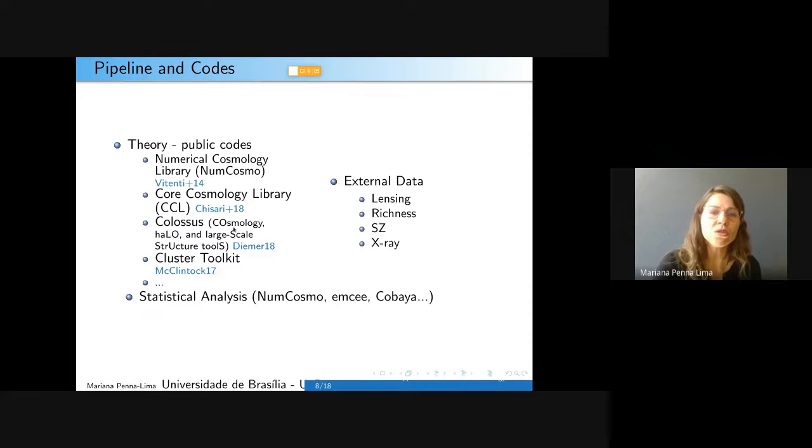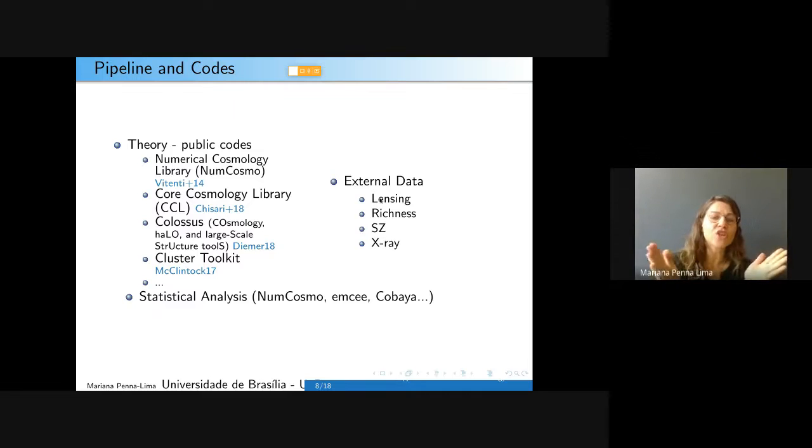We have Colossus, which means structure tools, and Cluster Toolkit. I don't know if Cluster Toolkit is going to be maintained and up to date. We have also SkyPy. So nowadays we have different libraries that the community can use and explore.